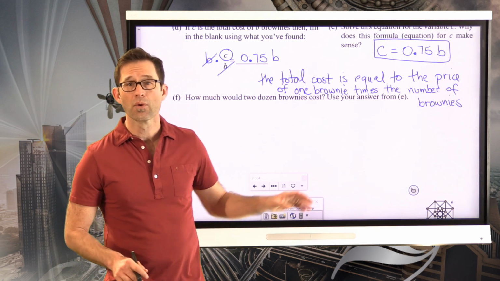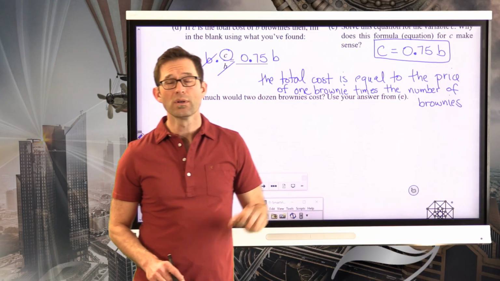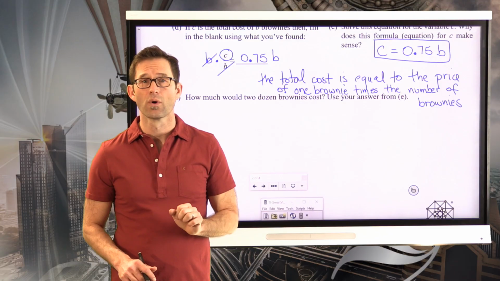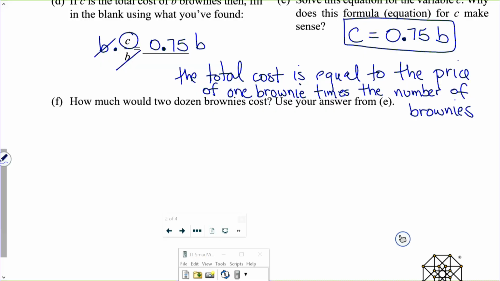The last thing I would want to do is put 2 into this formula, because that's really finding out how much 2 brownies will cost. But I want to know 2 dozen brownies, and since there are 12 in a dozen, that will be 24 brownies.